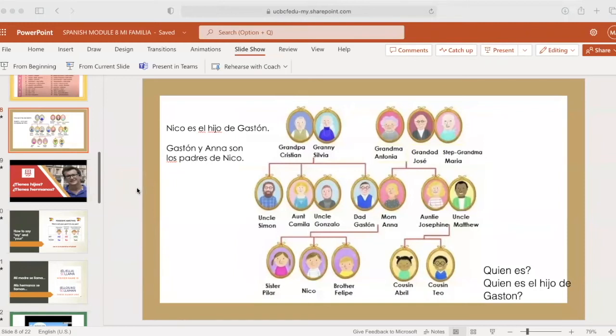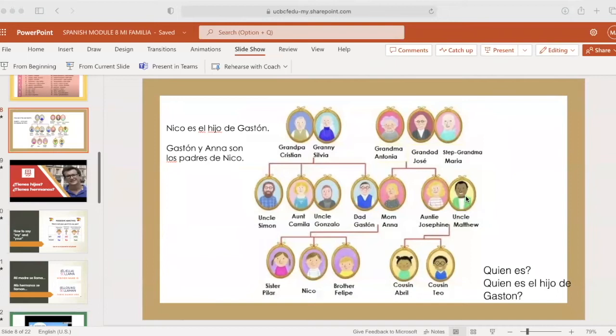Christian y Silvia son los abuelos de Nico. Correct? Sabi ni Girly, Simón es el hijo de Christian. Simón es el hijo de Christian, correct? Pilar es la hija de Gastón. Okay. Matthew es la tío de Felipe.